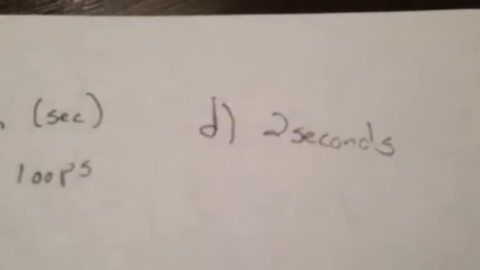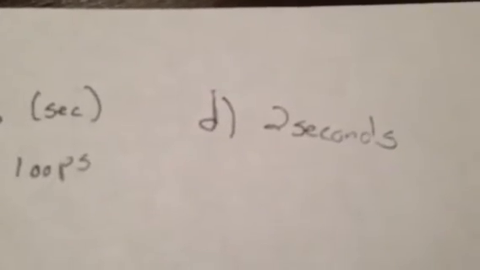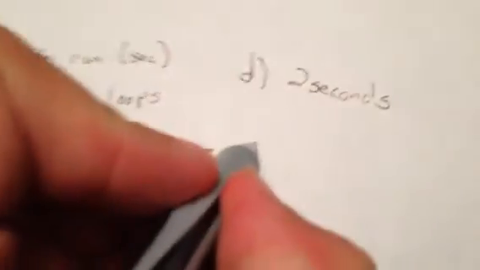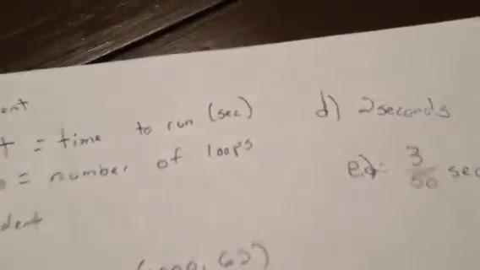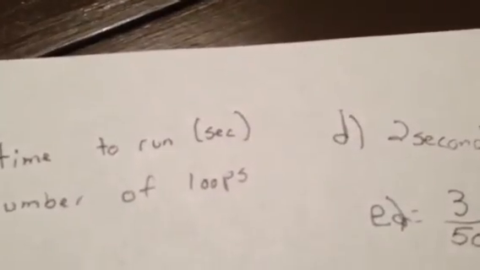Let's see here on E, it says how long does it take the computer to go through the loop once? Well, we have our single loop being 3/50ths of a second. So that's how long it takes to go through a single loop.